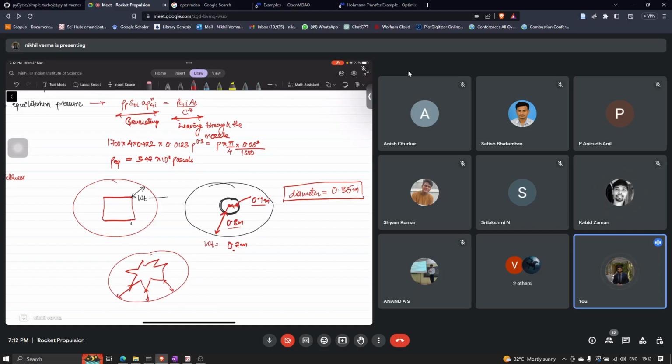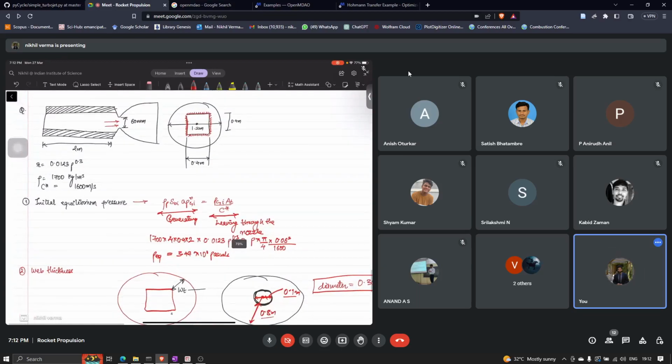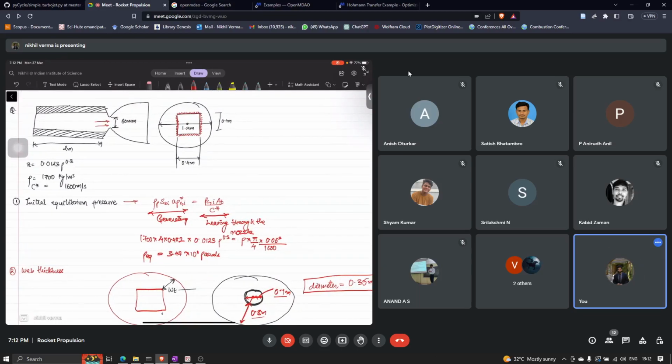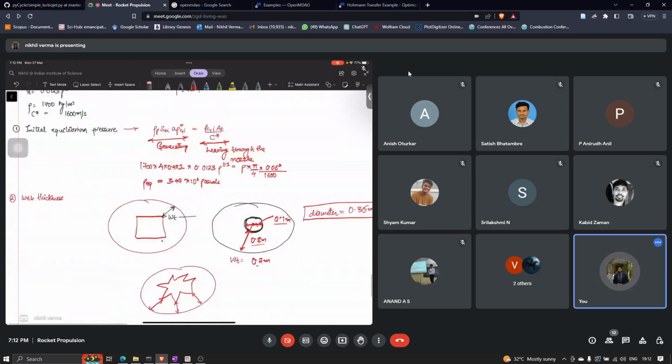Okay, so let us calculate the web thickness of this problem. The diameter is given as 1.2 meters, right?